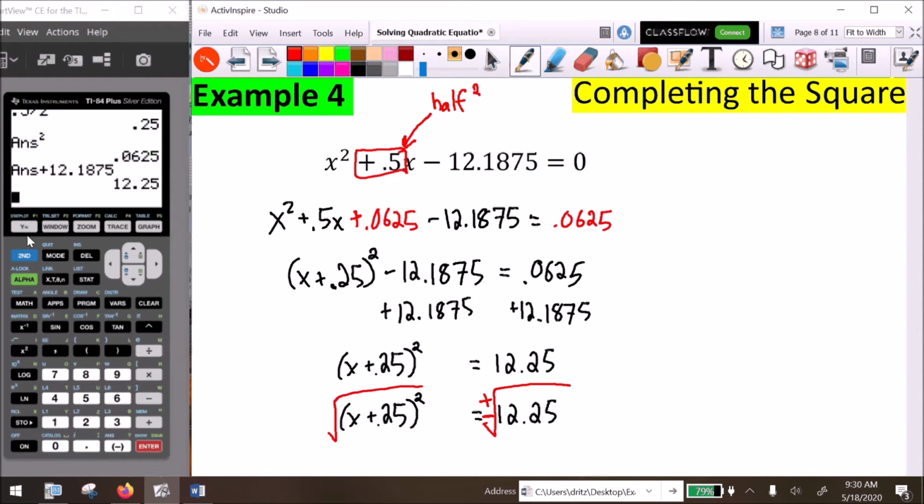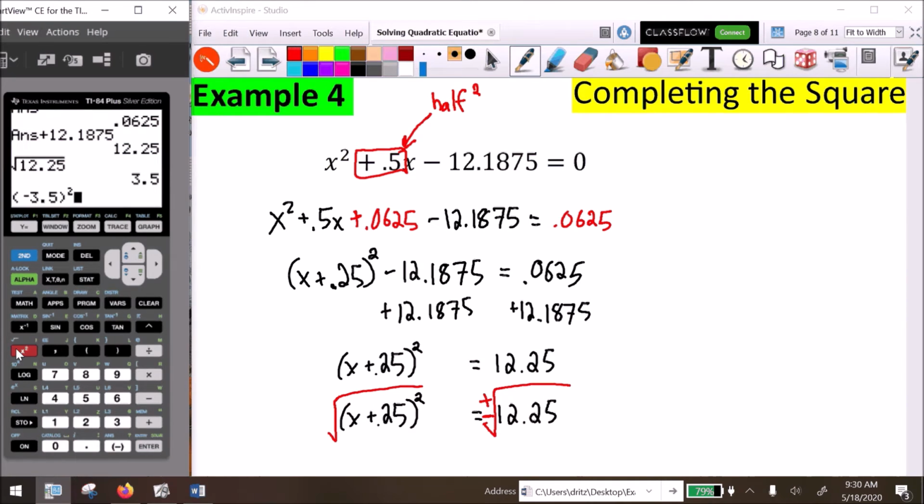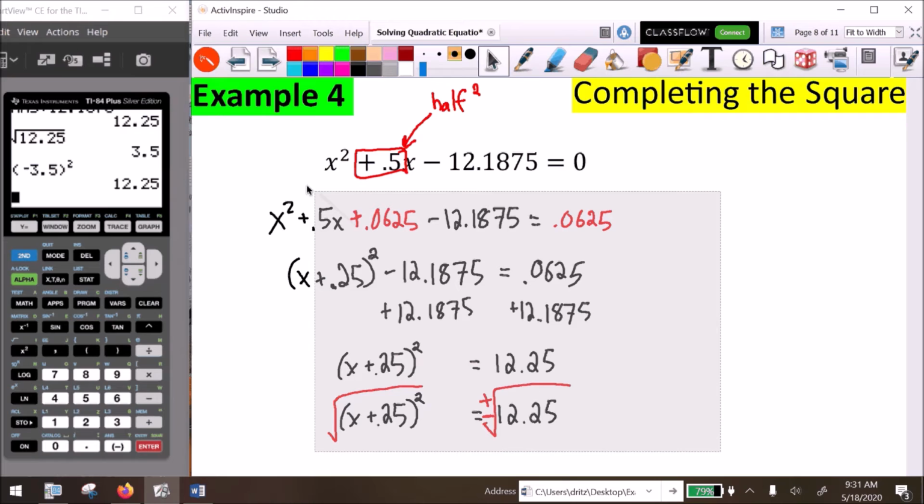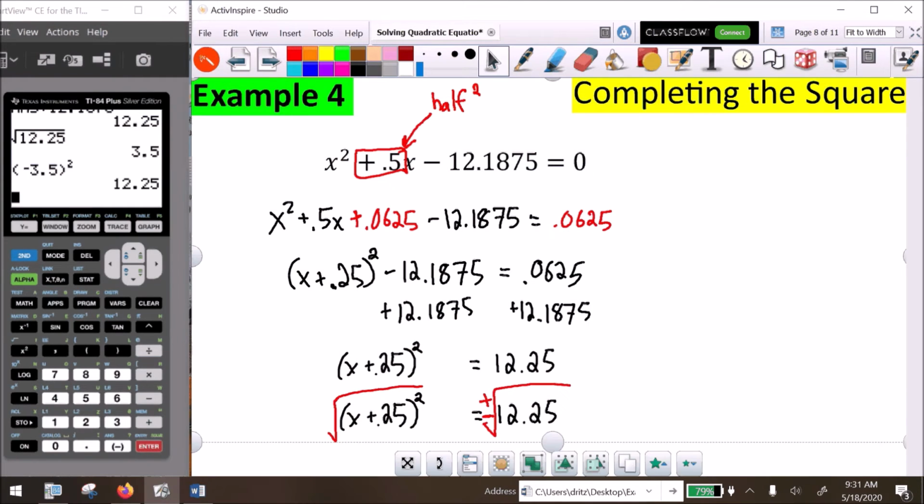That's simply because the calculator will give you the positive answer, but if you also multiplied negative 3.5 by itself, a negative times a negative is a positive, so that would also give you 12.25. So there are two answers, 3.5 and negative 3.5. We're going to write both of those answers down. We have to consider them. They're both equally valid.